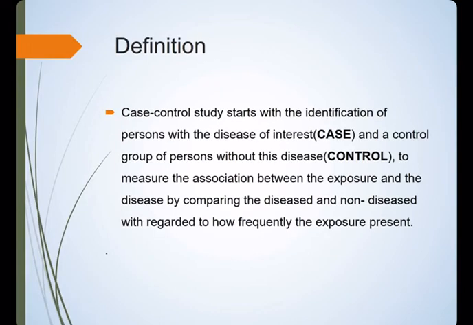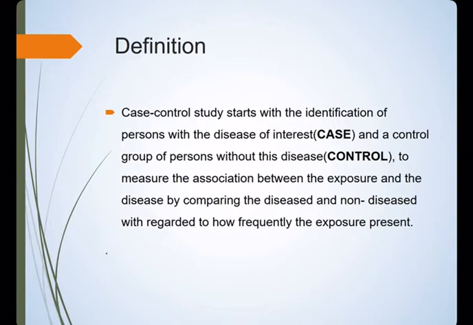First, let's see the definition of the case control study. The case control study starts with the identification of persons with the disease of interest. We call them the cases. The group of persons without this disease, we call the controls.